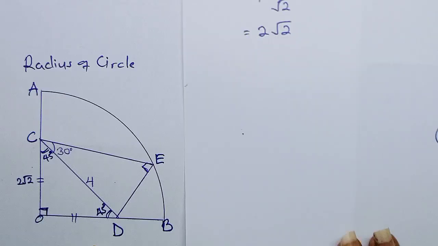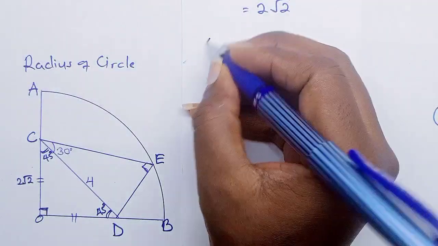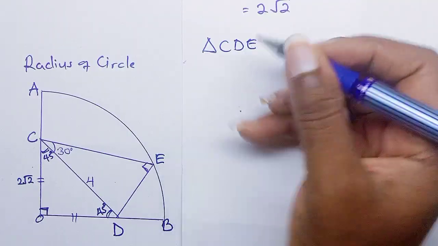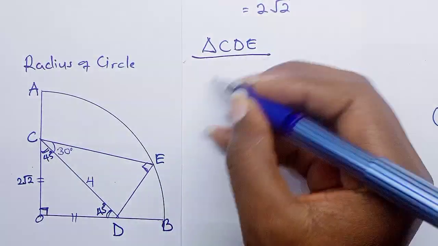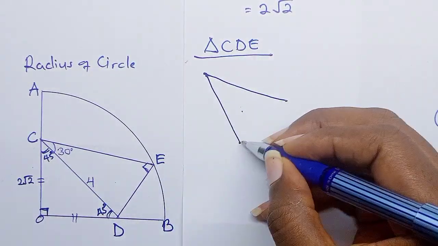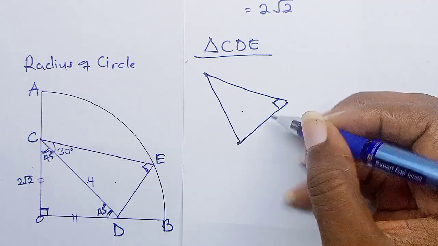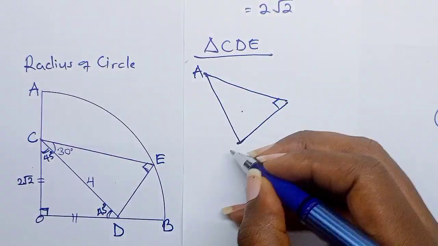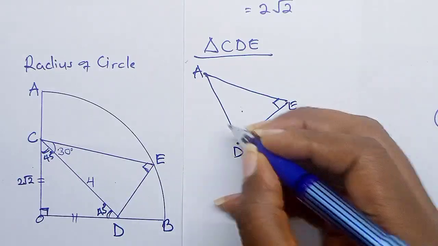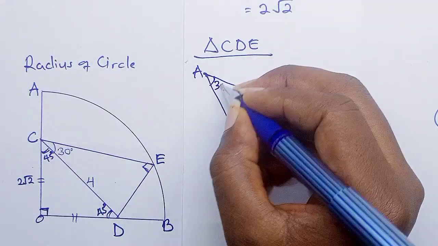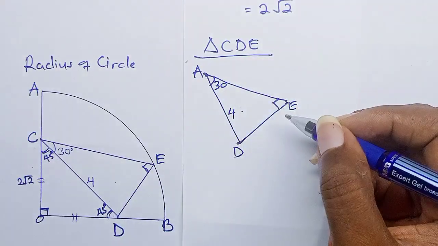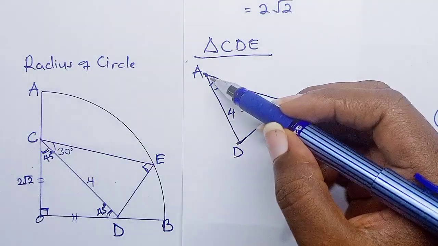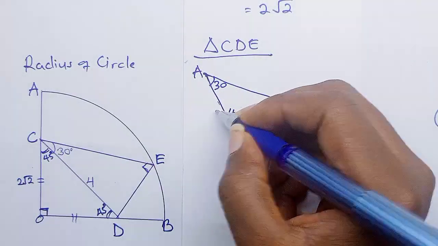Now again, focusing on triangle CDE. This one here, which is like this. This is 90 degrees. I'm sorry, my diagram is not to scale. This is 4, this is 30, this is 90 degrees. Since this is 90 degrees, that means this is the hypotenuse, okay?